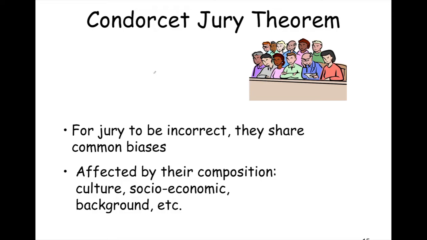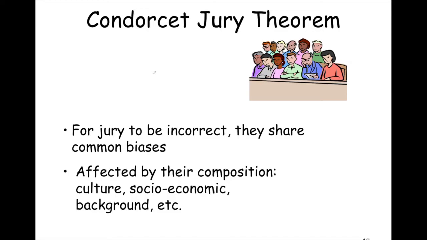Because if you can get these shared biases, then they're not going to be independent of one another. And you're going to now exploit the shared biases in order to skew this Condorcet Jury Theorem. So it's based on the jurors being independent, and it's also based on them being competent. And if you can exploit these biases in your favor, you can either show more easily someone is guilty, or show more easily somebody is innocent or not guilty.